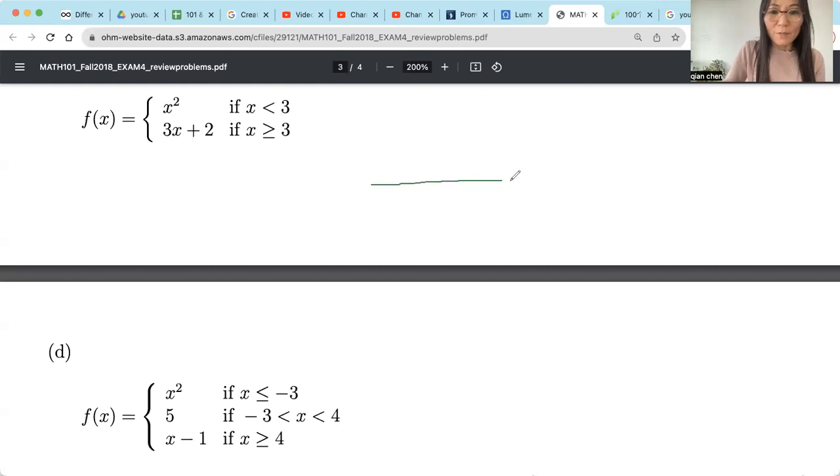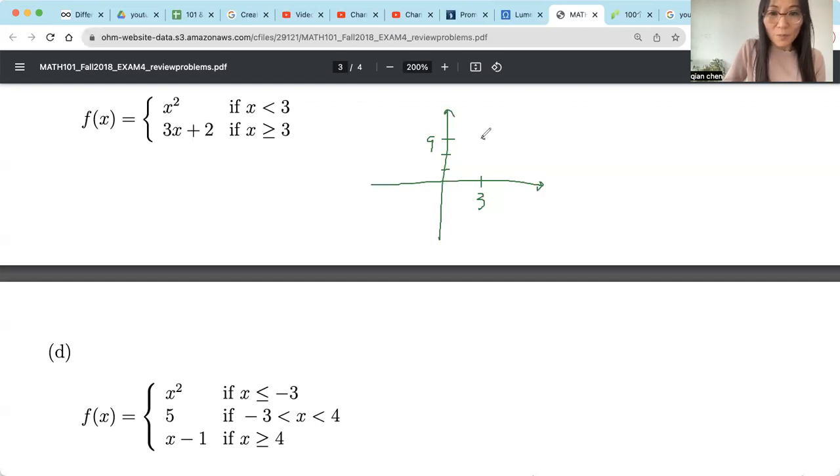So that's a graph, x-axis, y-axis. Now the divider is 3. If x is less than 3, that's a quadratic x squared, right? If it's 3, let's see, this is 3, 6, 9. Okay, so this is 9.